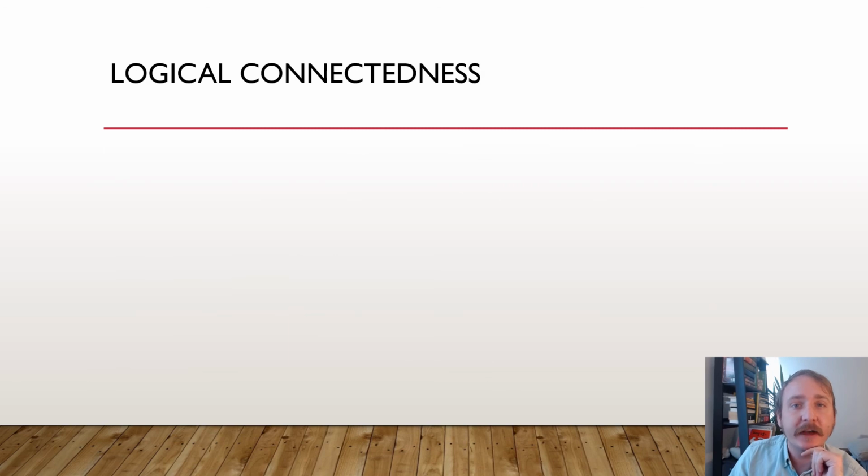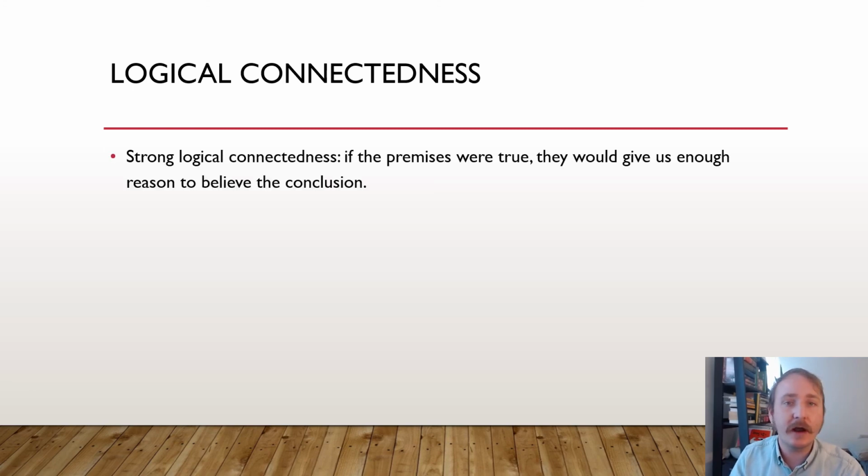Another foundational concept in this class is logical connectedness. This describes the relationship between the premises in an argument and the conclusion, where remember, the premises are the things doing the supporting and the conclusion is the thing being supported, right? Logical connectedness comes in varying degrees. Strong logical connectedness is when, if the premises were true, they would give us good enough reason to believe the conclusion.